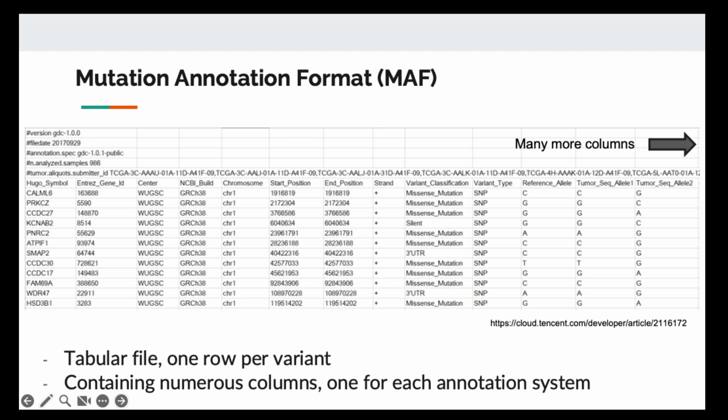The reference allele is C, and in different tumor, different sample that we have, we identify different alternative allele. Some are wild type, some are alternative G, for example. And I cannot show the rest of the columns, but if it's a missense mutation, whether it's new or unknown, there may be an ID for this. And if it's linked to drug, there will be a column with drug names, for example.